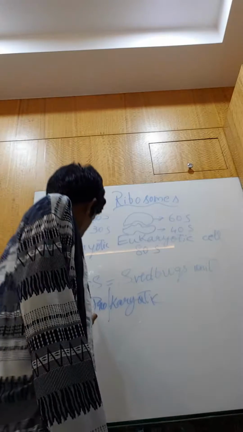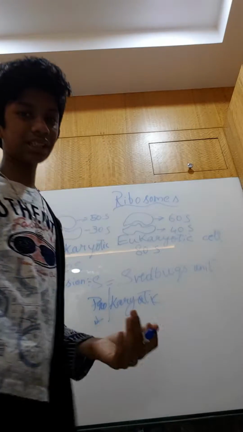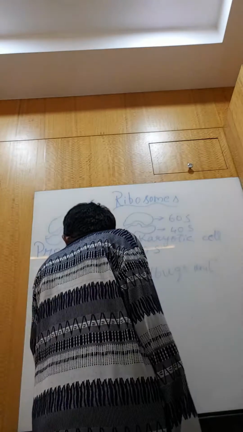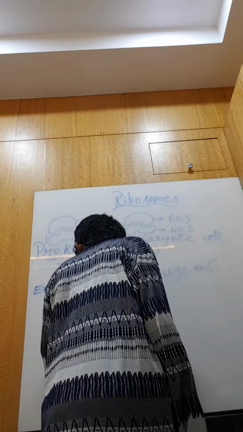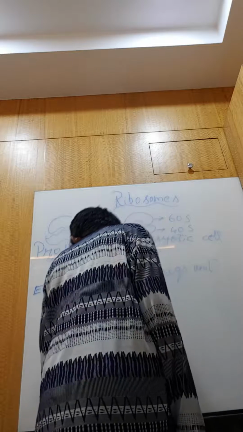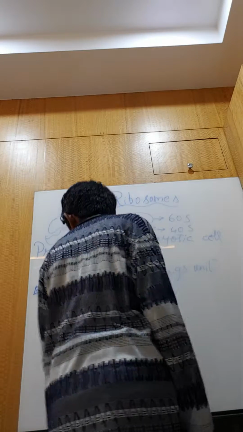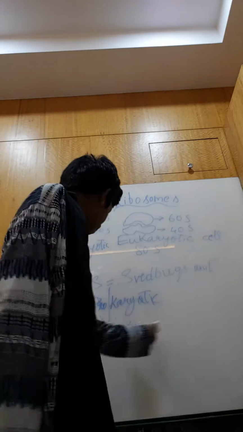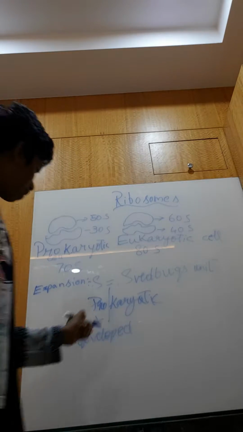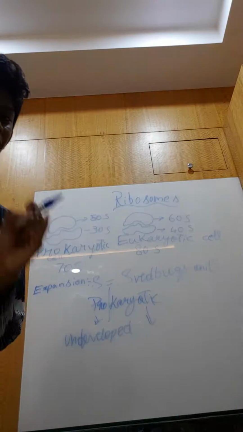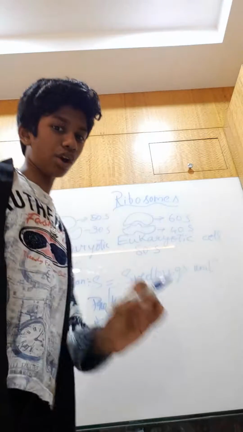Pro means first. Pro means undeveloped. In biology, the scientific word is unmatured or undeveloped. Karyotic, the scientific name for nucleus, is karyon.